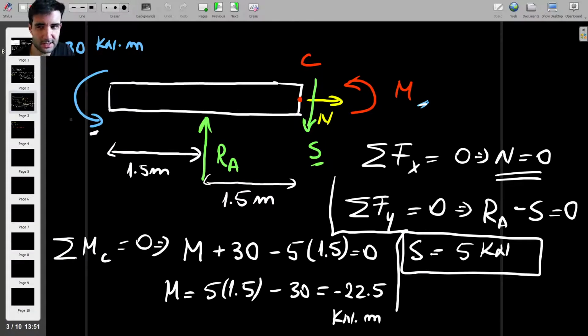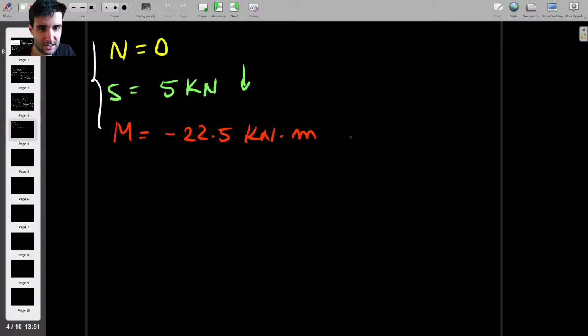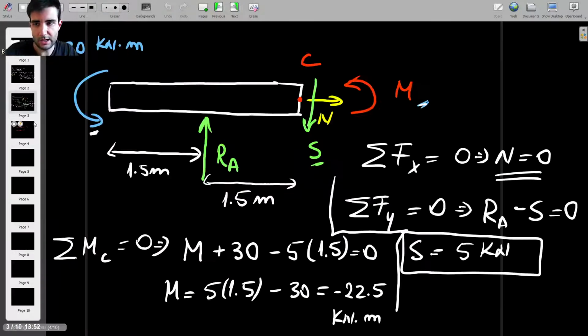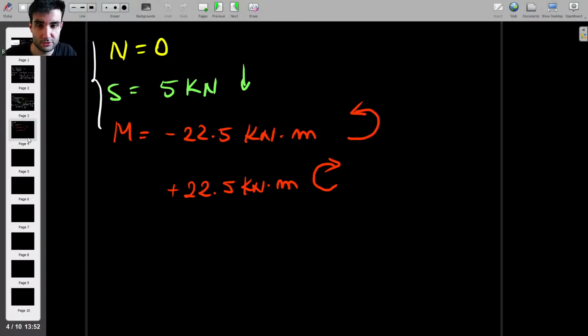So you can either say that this is a counterclockwise bending moment of minus 22.5 kilonewton meters, or you can consider it as positive 22.5 kilonewton meters, but it's acting clockwise. Okay, and either of those two options are correct. And those are the normal force, shear force, and the bending moment, and that's the end of the question.